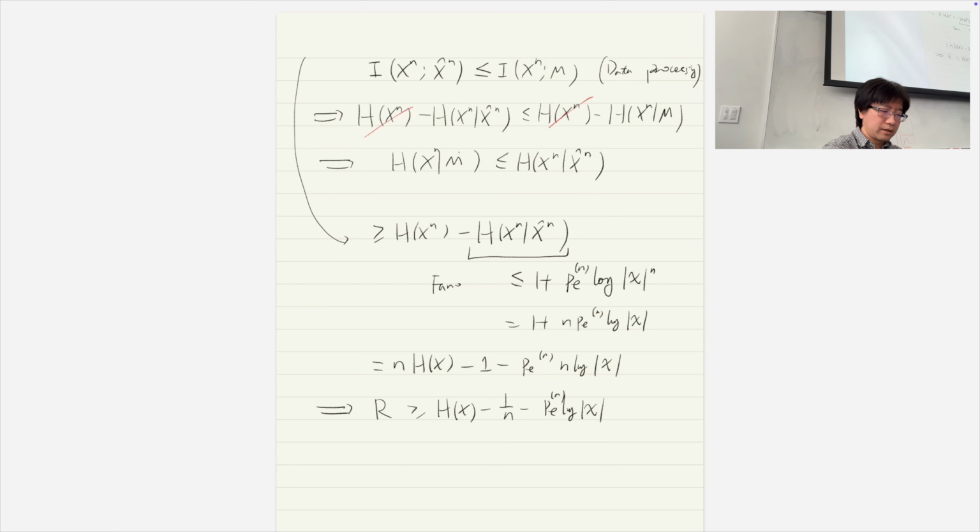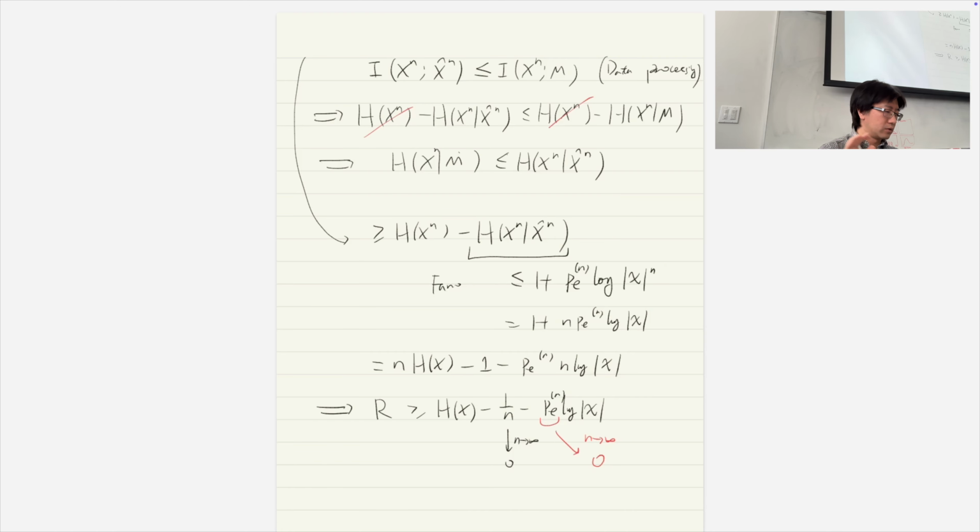Okay, and clearly as n goes to infinity, this guy will go to 0, and for P_e, when n goes to infinity, this guy will go to 0. So why is that? Because that's a requirement, it's in the definition. When n goes to infinity, the error has to go to 0. Otherwise, the code is not feasible.